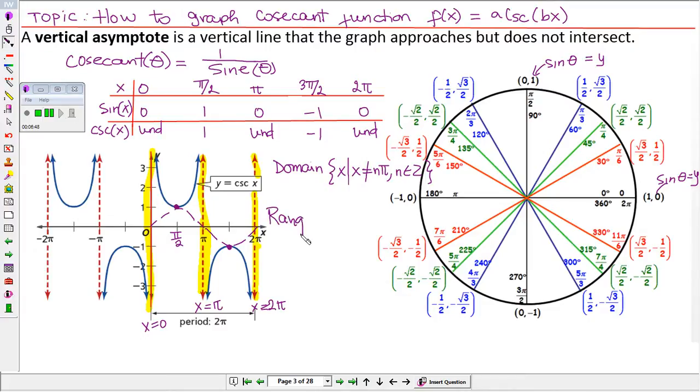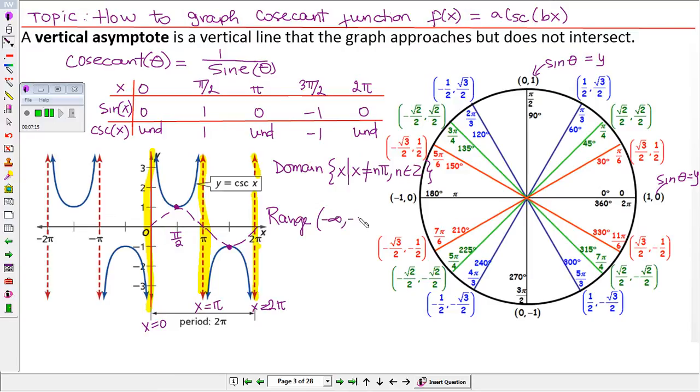Now let's move on to the range. You can see right here that there are two different U shapes, one opening up and one opening down. The one that opens up has its minimum, or vertex, at 1. The one that opens down has its maximum, or vertex, at -1. I'm going to write the range using interval notation.